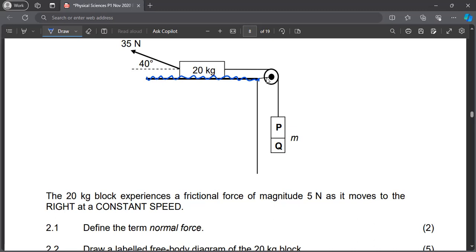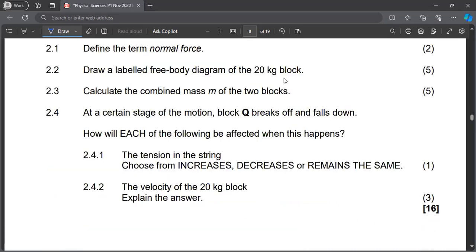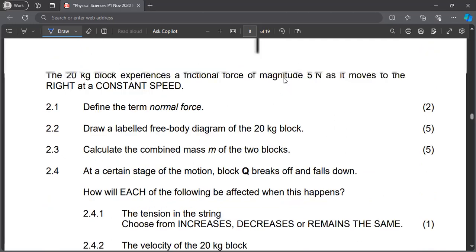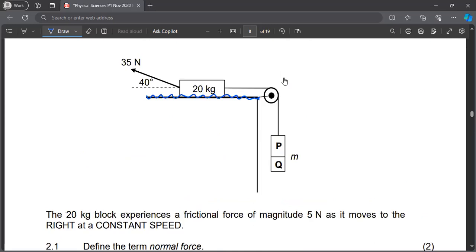If the gravitational force decreases, then the tension force is bound to decrease. Awesome. Now, the next question, which is the last one, it says, how will the velocity of the 20 kg block be affected? So because the tension is going to decrease, then it means the velocity will also decrease.